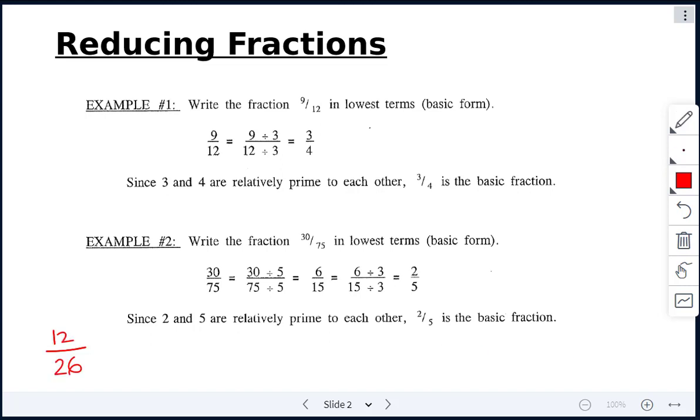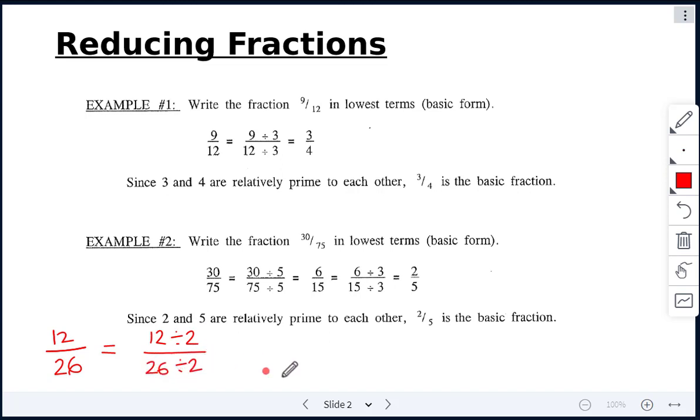All right, so just for an example, we were taking 12 over 26 and reducing it to its basic form or to its simplified form or to lowest terms. So we can divide both the numerator and the denominator by 2 in this case.